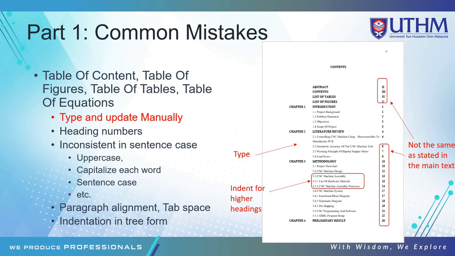Moreover, the heading style and number could be unmatched in the main text. The styles include the paragraph alignment, spacing, the font style, the sentence cases. Very often, the headings could be found not being arranged and indented in a tree form.